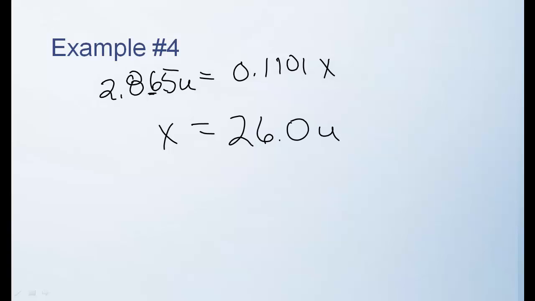This is the mass of magnesium-26. And so we see that the mass of magnesium-26 is approximately 26 atomic units, 26.0 atomic units.